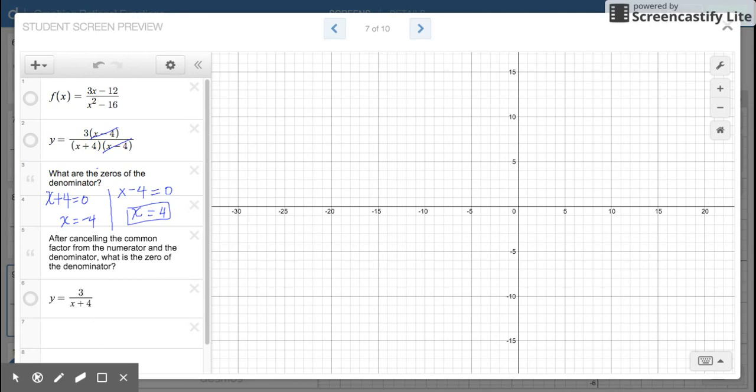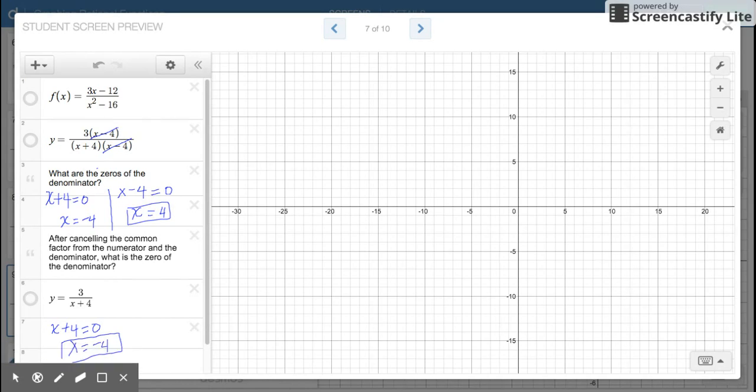Now, after canceling the common factor from the numerator and the denominator, what is the 0 of the denominator? So in this simplest form, what makes the denominator 0? So that's going to be x plus 4 is equal to 0. Therefore, x is equal to negative 4.